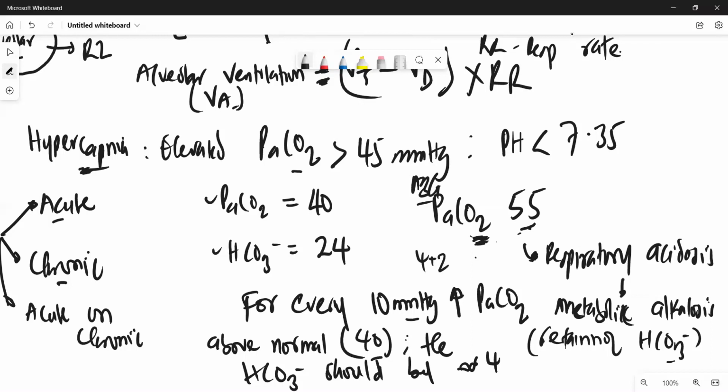So that would be 4 plus 2, which is 6. So 6 plus 24 gives us 30. So the expected compensation should be a bicarb of 30.